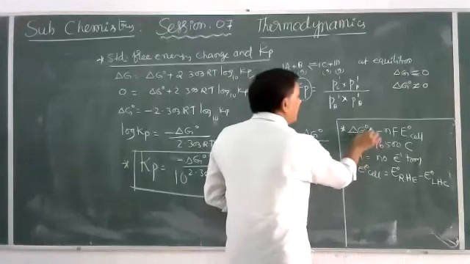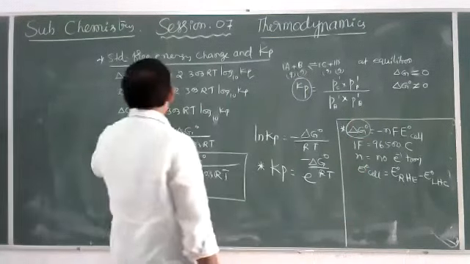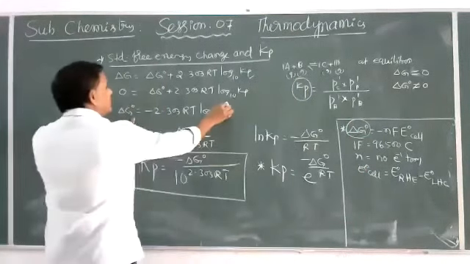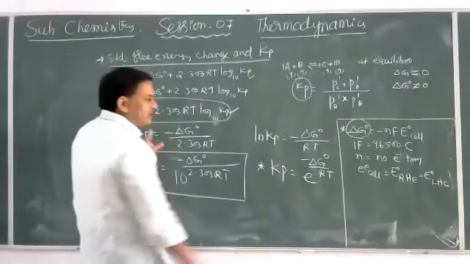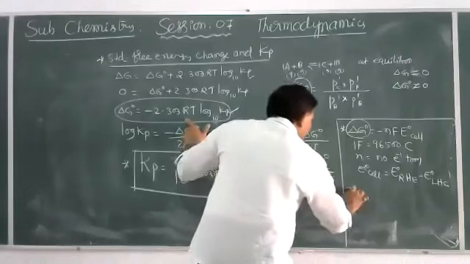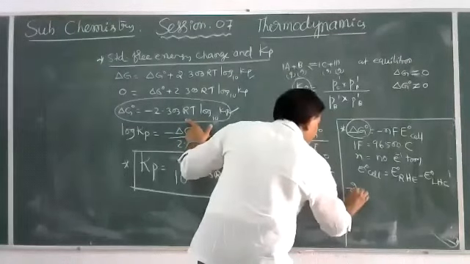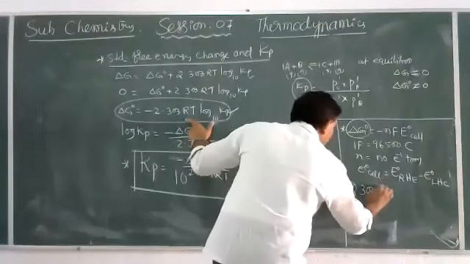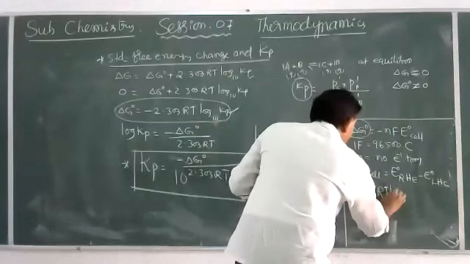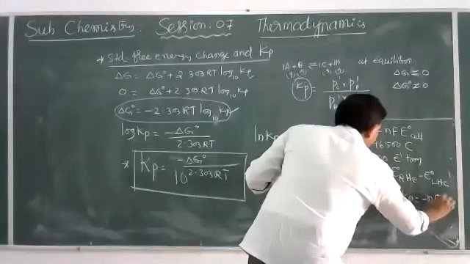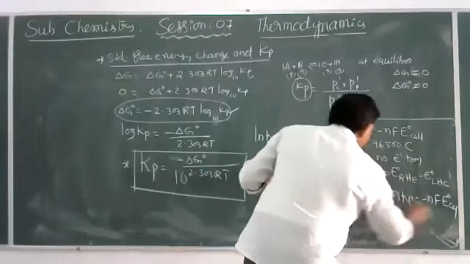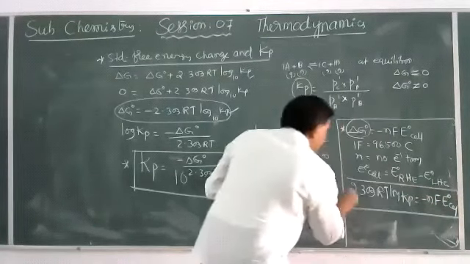We already know the delta G naught expression, so we can relate with that. That is, delta G naught equals minus 2.303 RT log Kp equals minus nF E naught cell. In this we can calculate any one.